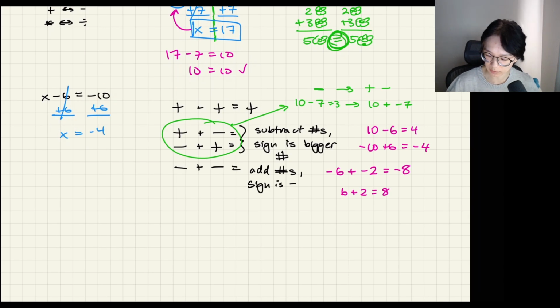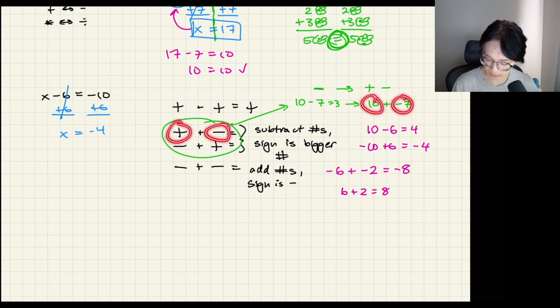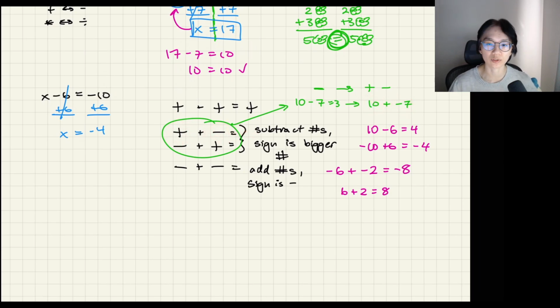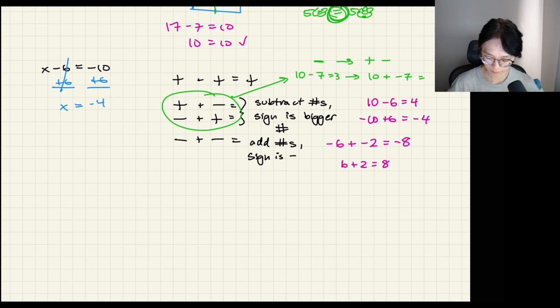And then that means from here you have a positive plus a negative. That means you subtract the numbers and it takes the bigger sign. So you subtract the numbers like normal. 10 minus 7 equals 3. Which one's bigger? 10, positive number, so positive 3. So just a reminder, subtraction is the same thing as adding a negative. Just in case you get confused sometimes.